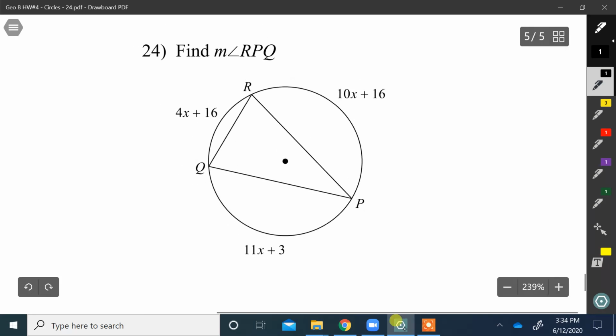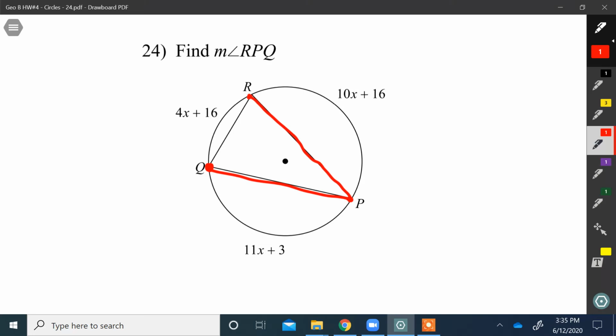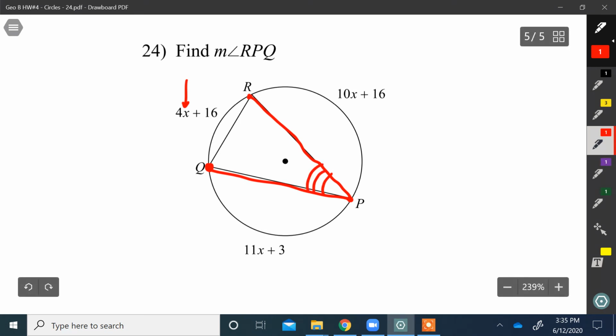Number 24, they're asking me to find this right here, RPQ. Okay, RPQ. How do I find that? Well, if I'm able to figure out what x is, then I'll plug in x, and then this will be half of that. Okay, now remember that's half.